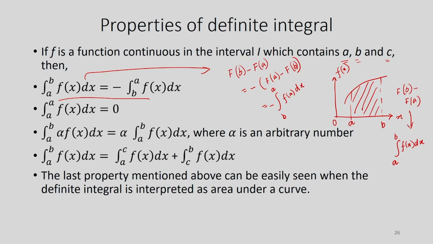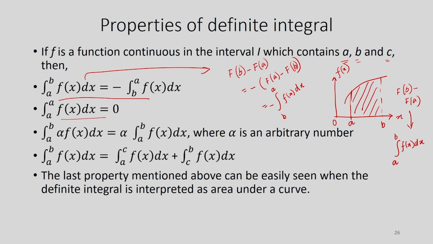Now, if I take the limits to be a and a, the same point, there is no area that we are enclosing, therefore this left hand side is equal to 0. Thirdly, integration of a to b alpha f(x) dx is equal to alpha multiplied by integration of a to b f(x) dx, where alpha is an arbitrary number.